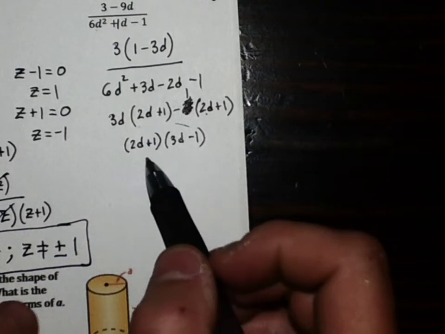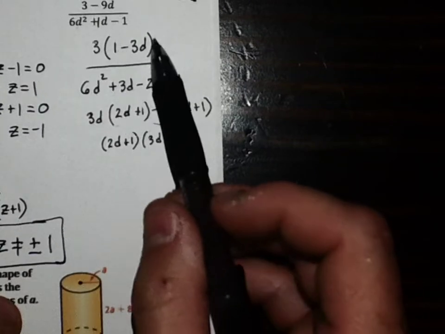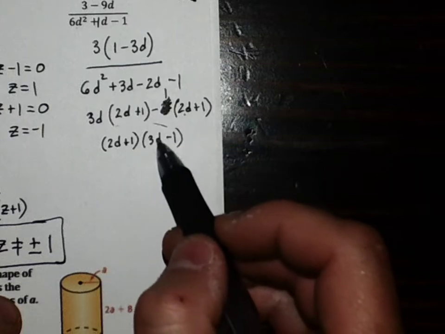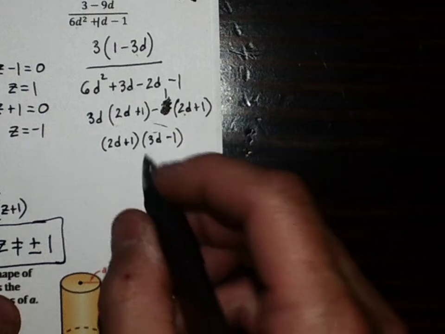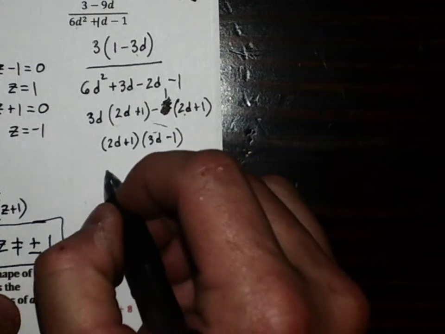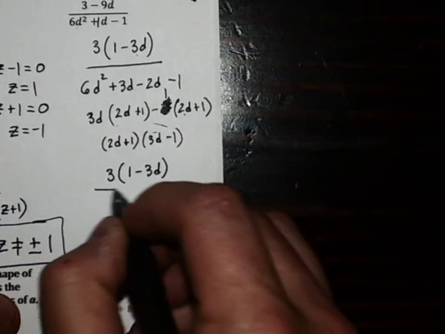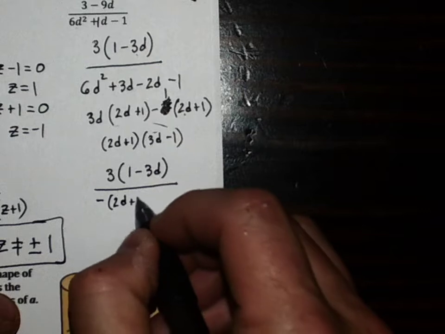That's our denominator, but we need to check this, right? Is it the same as this 1 minus 3d? Again, it's not. The 3d is positive. I need the 3d negative, so what do I do? I take out a negative. So you have 3 outside of 1 minus 3d divided by negative outside of 2d plus 1.